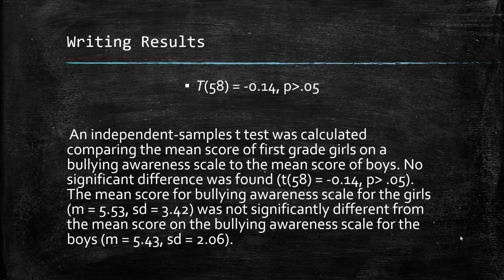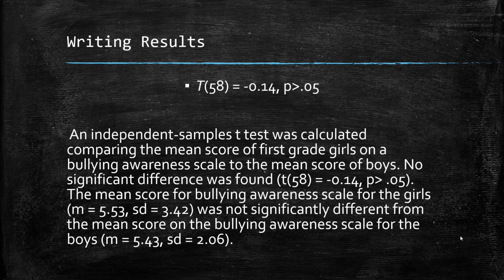An independent samples t-test was calculated comparing the mean score of first grade girls on a bullying awareness scale to the mean score of boys. No significant difference was found, and then you put your statistical information in right there to show the reader what it was.